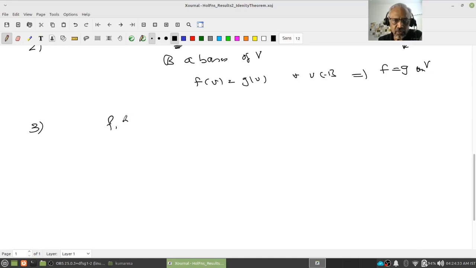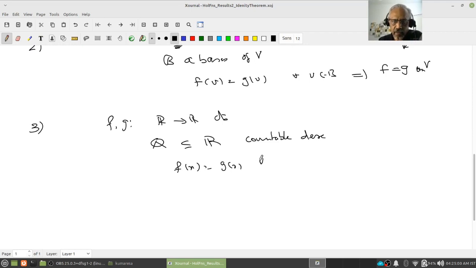Suppose I have two continuous functions from, let's say, R to R. To check f equals g, for each and every x in R I have to check f(x) equals g(x). That is uncountably many conditions. But we know that if I take Q, this is a countable dense set, and I know f(x) equals g(x) for all x in Q, then I know f equals g.